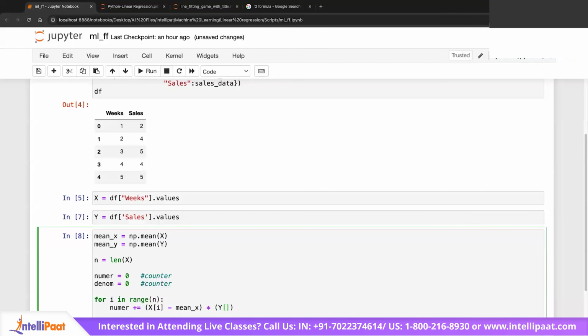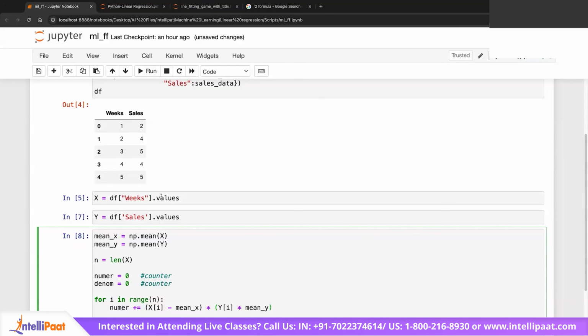Y of i minus mean of y. Is this x minus x bar into y minus y bar? I am simply looping through the code. First I will take row number 1, then row number 2, then row number 3, then row number 4, then 5, then 6, then 7, and it goes on and on.